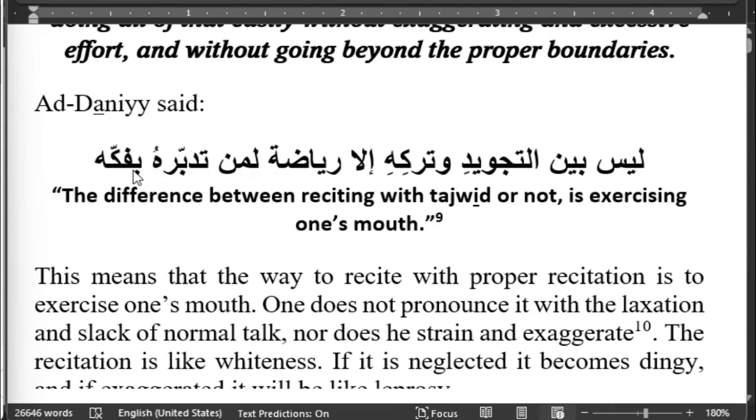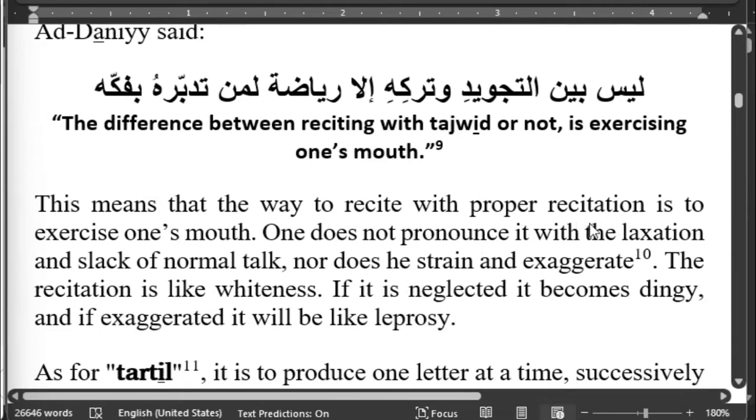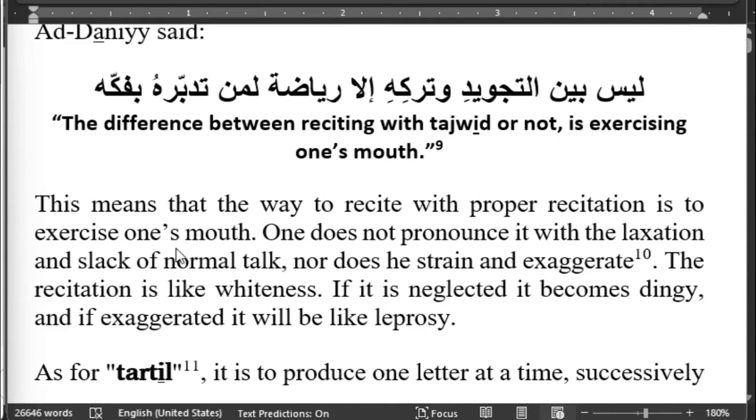The difference between reciting with tajweed or not is exercising one's mouth. This means that the way to recite with proper recitation is to exercise one's mouth. That means you put more effort than just regular talking, but we already said without straining. One does not pronounce it with the laxation and slack of normal talk, nor does he strain and exaggerate.